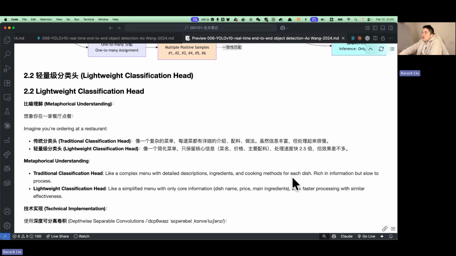Rich in information, but slow to process. And a lightweight classification head is like a simplified menu with only core information such as dish name, price, main ingredients. Faster with similar effectiveness.